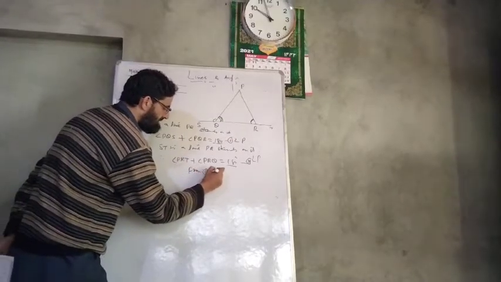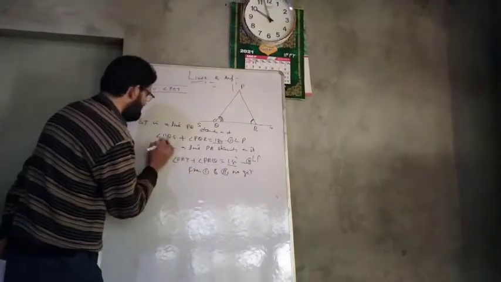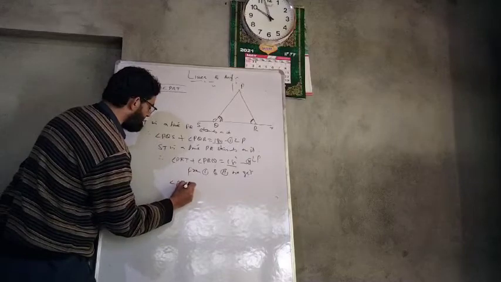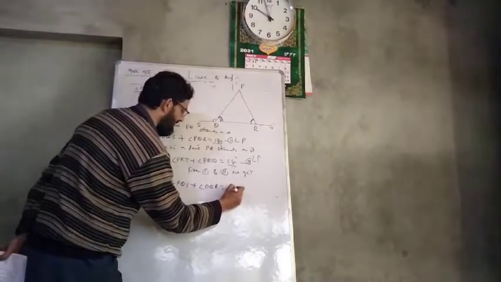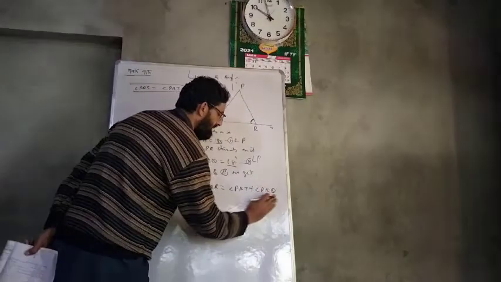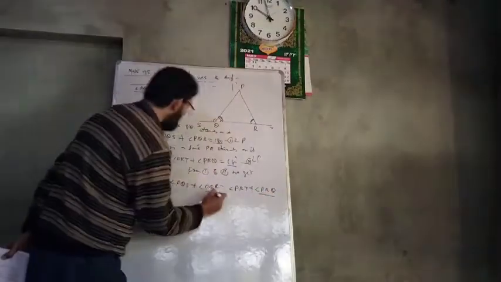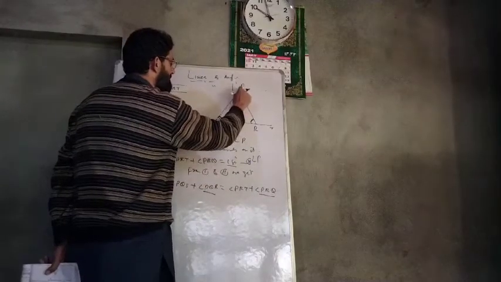From first and second we get angle PQS plus angle PQR is equivalent to angle PRT plus angle PRQ. Now see, these two angles are equal. This is given that angle PQR is equal to PRQ.